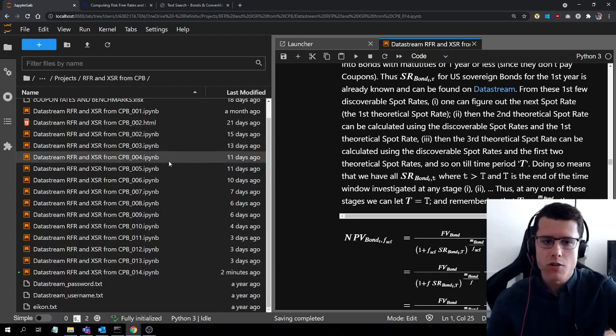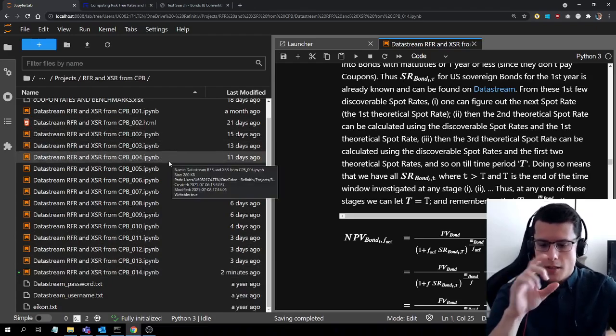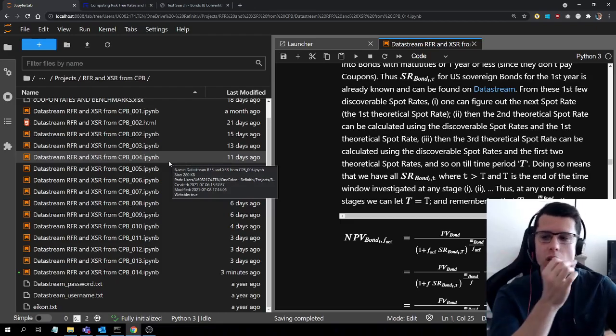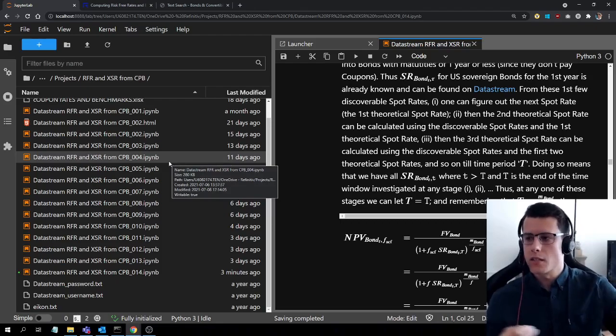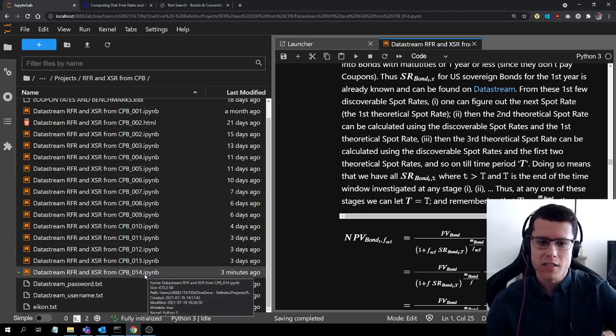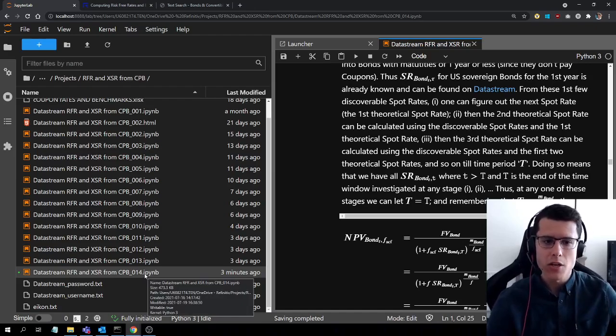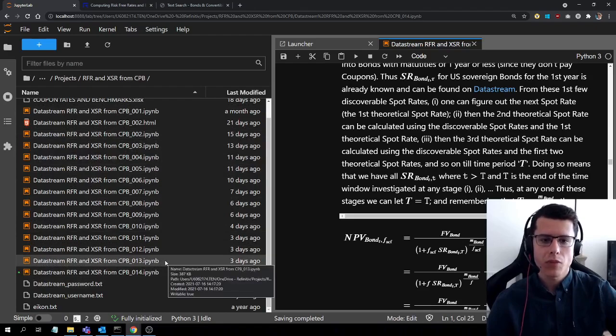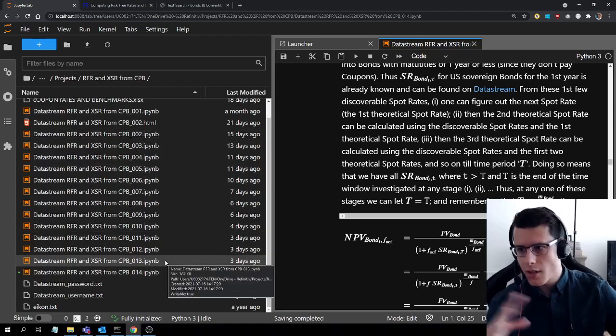Maybe I use another technique. Let's go. Instead of straight line interpolation, I try to use cubic interpolation, which is a bit more complex. Let's say I do this, but then maybe on the 14th file, I realize that there's actually an issue with the cubic interpolation, and if I was to delete everything apart from the previous file, I would have lost the straight line interpolation code that I've written 14 versions ago.